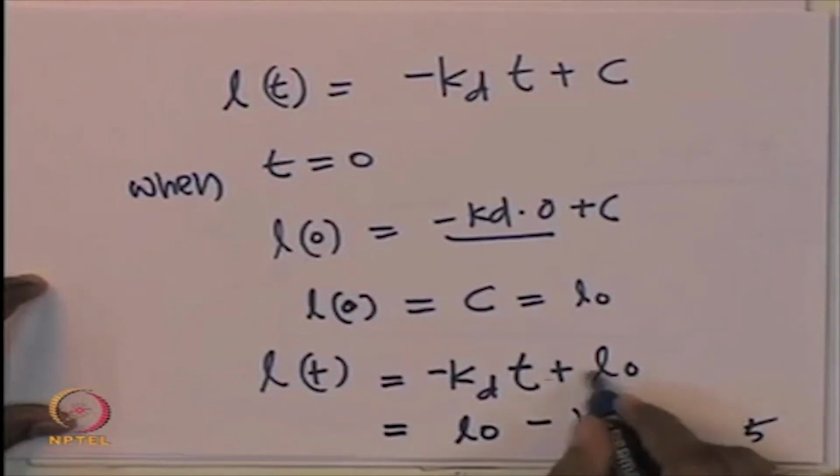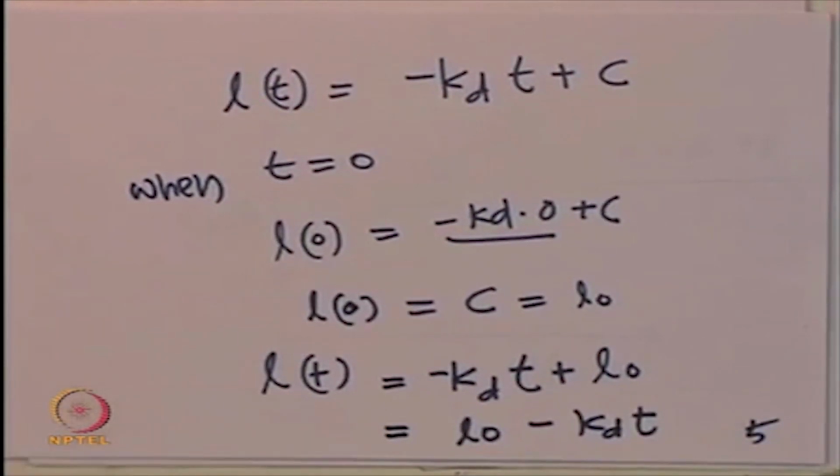Previously it was L 0 plus Kp t, now it became minus. So, whatever the initial length, from that it decreases as time goes. This is again a straight line with a negative slope, like y is equal to c minus mx.